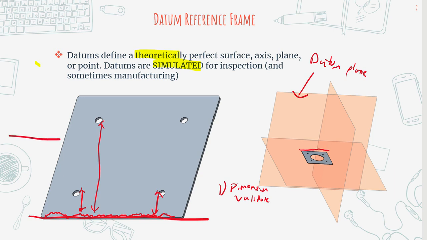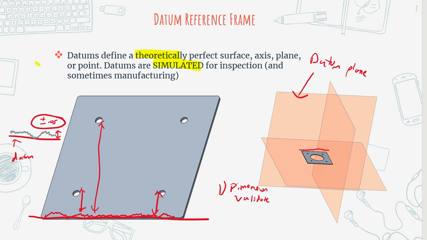What's really great about that is when you measure off the datum plane, you have a common reference point, right? And then all you have to do is account for the plus minus in the imperfection. So let's say that the maximum distance peak to trough is 0.05. That means that any measurement that you do off of this datum is going to be from a common point, and you know that the maximum tolerance from the imperfections is plus minus 0.05.